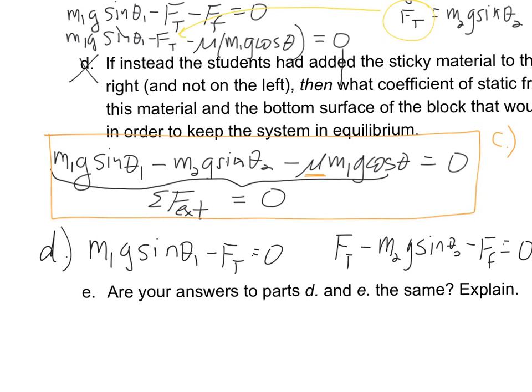And again, that's because now, on the incline, we've switched which block has friction. M1 no longer has it, but M2 does. And since M2 is trying to move up the ramp, the friction will be down the ramp, or opposite its direction of motion, in the same direction as this force of gravity.